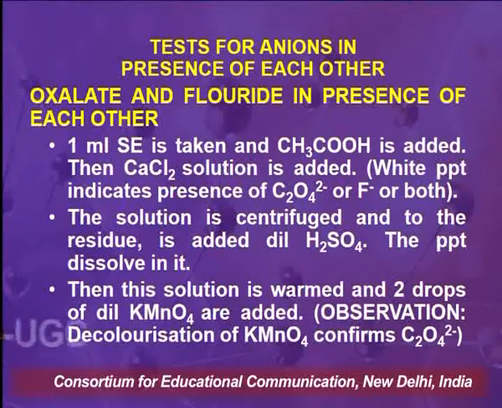If the dilute KMnO4 solution decolorizes, then it confirms oxalate ions in the mixture. If upon adding dilute KMnO4 the decolorization does not take place, then that means the white precipitates were due to fluoride ions and not due to oxalate ions.